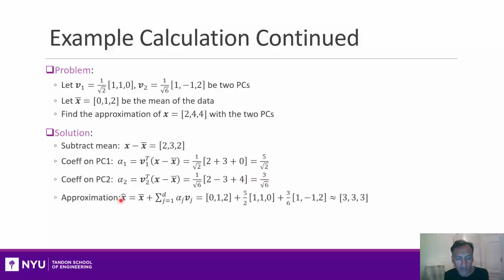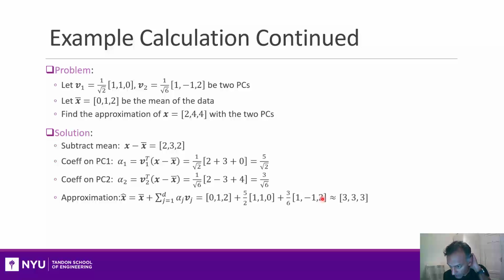Then, finally, the approximation with respect to these 2 vectors is that you add back the mean. This adding back the mean is important. And then you just add the linear expansion with respect to each of these PC component vectors. It's kind of time consuming if you're doing it by hand.